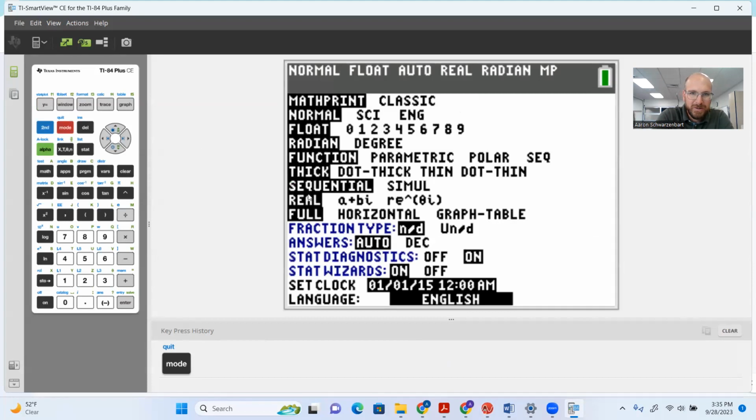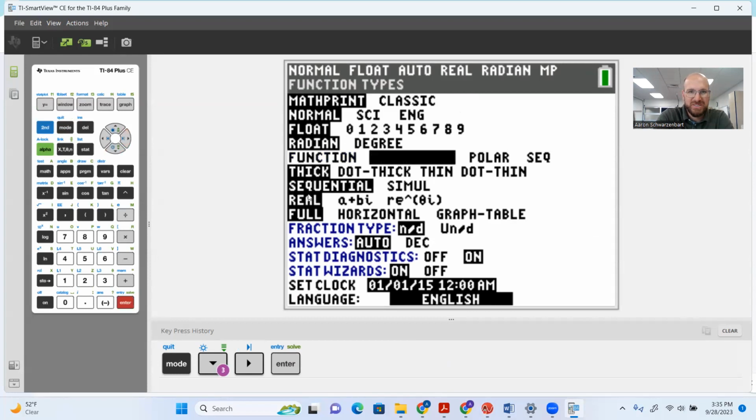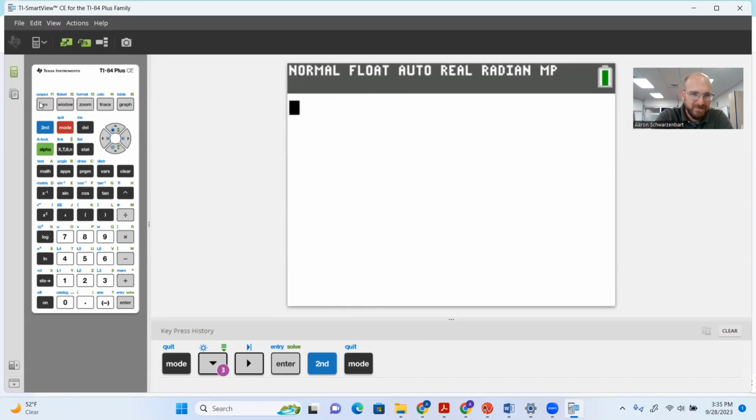Press the mode button. Down here, there's a line that says function, parametric, polar, SEQ is sequence. We're going to use parametric and polar both in addition to your normal function this year. So I'm going to take my arrow, scroll over to parametric, hit enter. And then to get out of mode, I'm going to hit second quit.